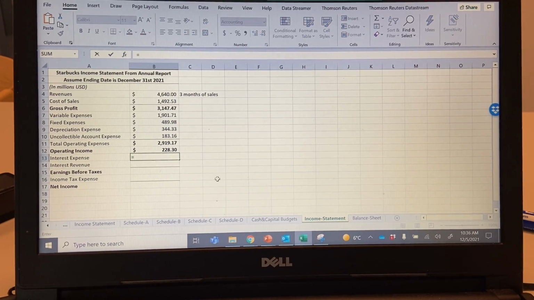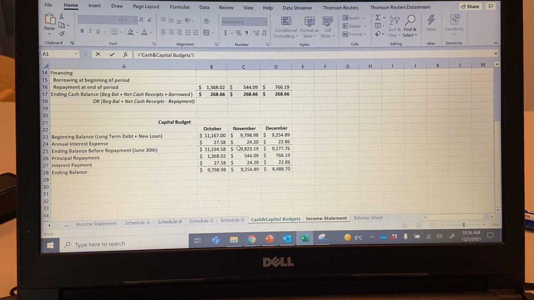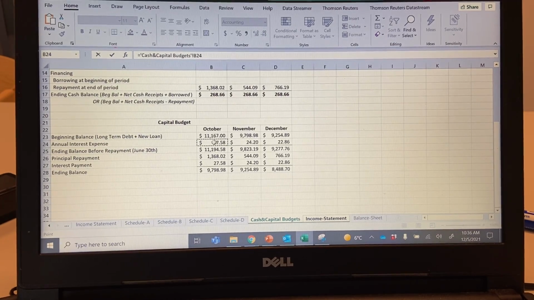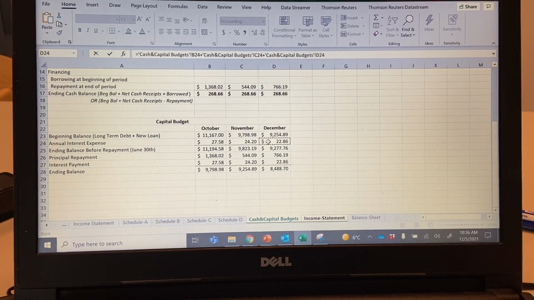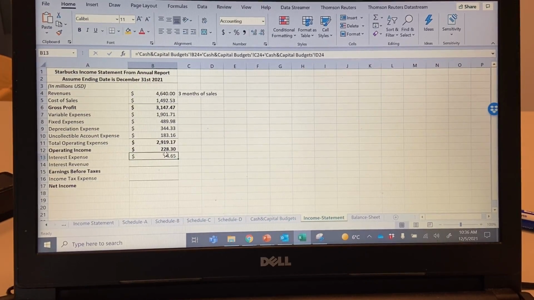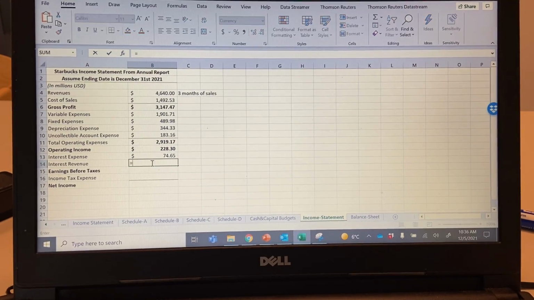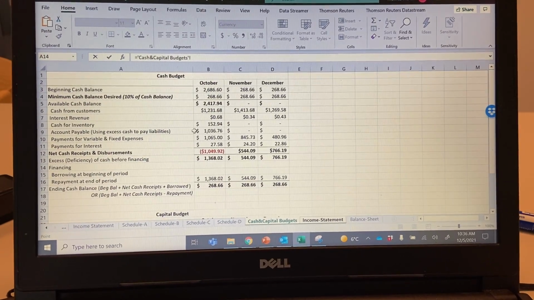Interest expense is coming from your cash and capital budget. Annual interest expense, we're going to add these 3 totals. This is the interest that you paid. And we have interest revenue also coming from the cash and capital budget, up here in the cash budget.